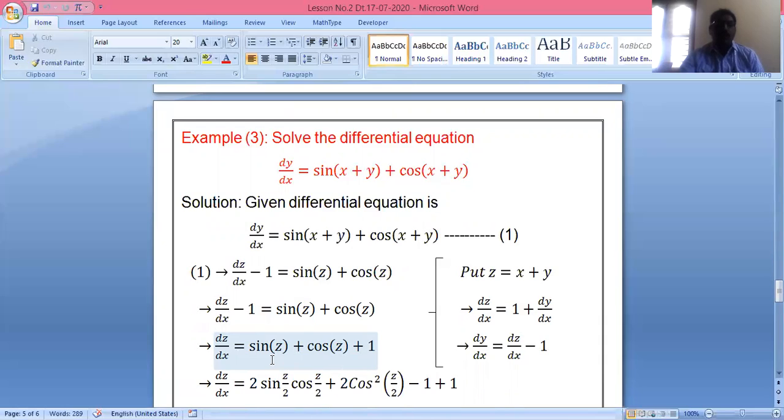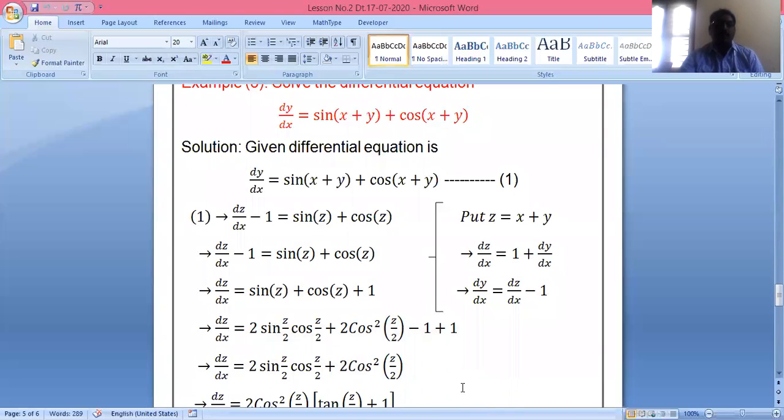We know that sin z can be written as 2 sin(z/2) cos(z/2), and cos z + 1 can be written as 2cos²(z/2) − 1 + 1. By cancelling −1 + 1, we get dz/dx = 2 sin(z/2) cos(z/2) + 2cos²(z/2).